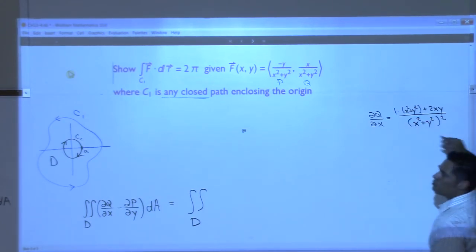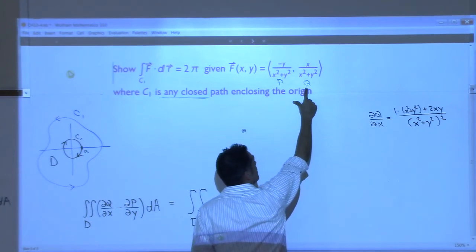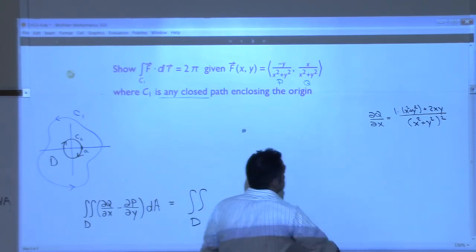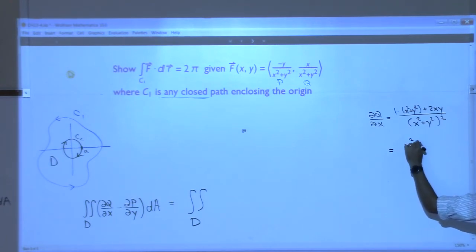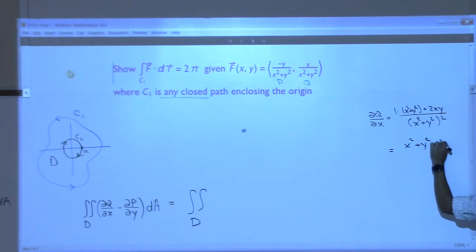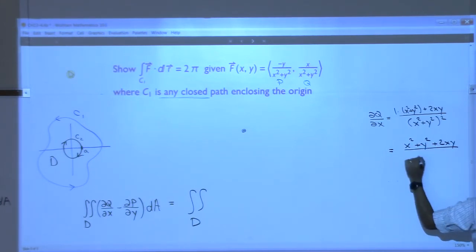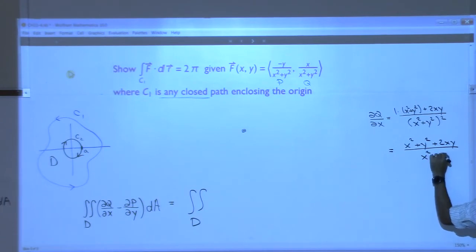So just a quotient rule on Q, right? Taking derivative with respect to X. Let me clean that up a little bit. X squared, I don't really need those parentheses, right? Plus y squared plus 2xy over x squared plus y squared squared. Do not cancel those, please. Do not do that. All right. That's partial Q with respect to X, right?